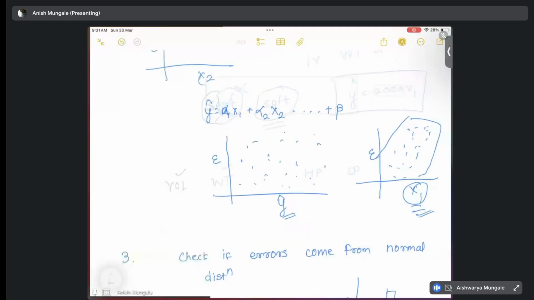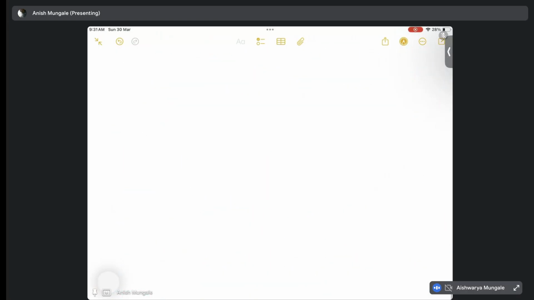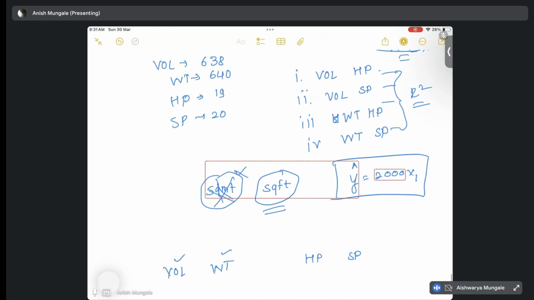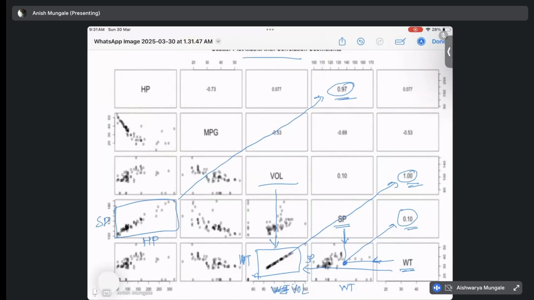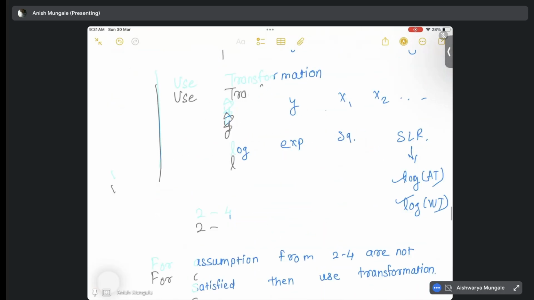So then you will find the pairs, and once you find the pairs, which one to choose out of them? Looking in here, I know volume and weight have dependence. But should I keep volume or weight? There is no obvious reason that I should keep weight over volume or volume over weight.